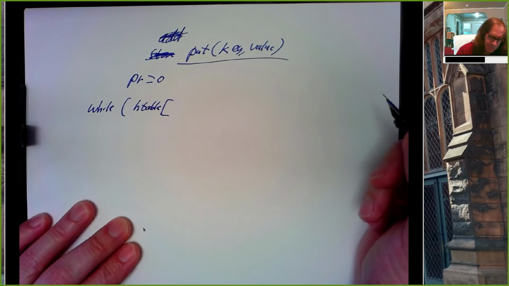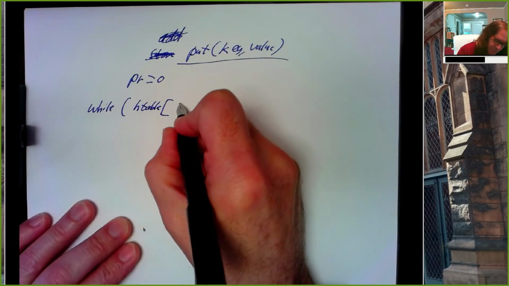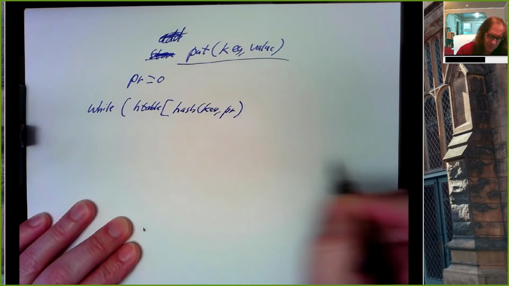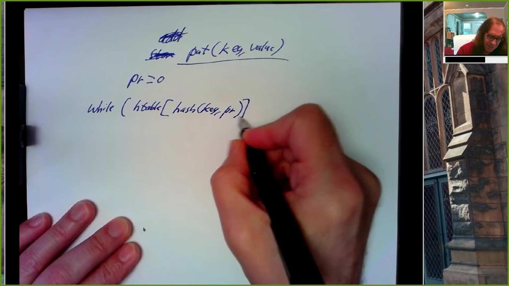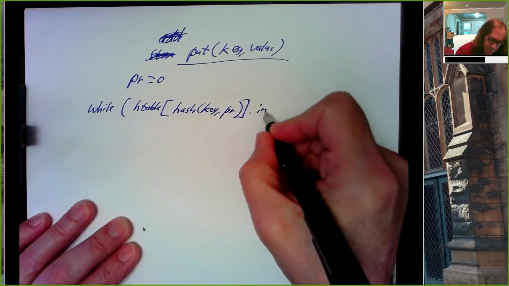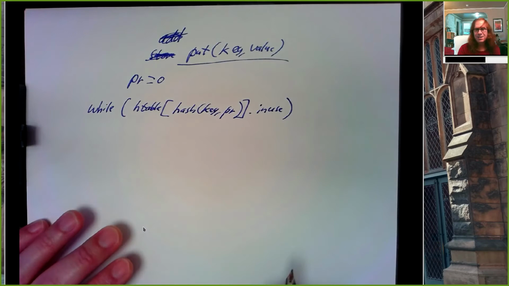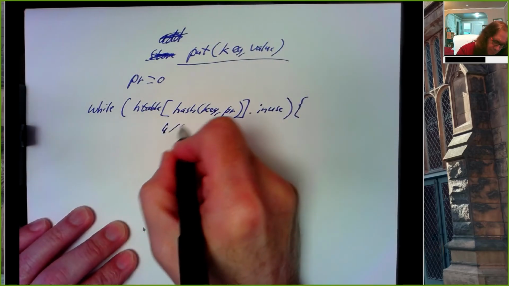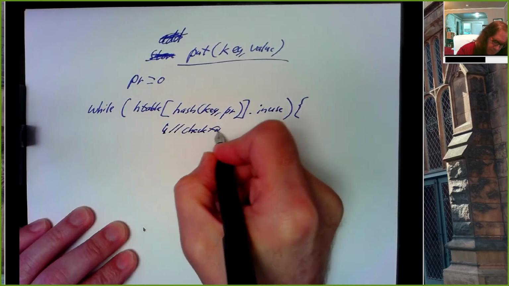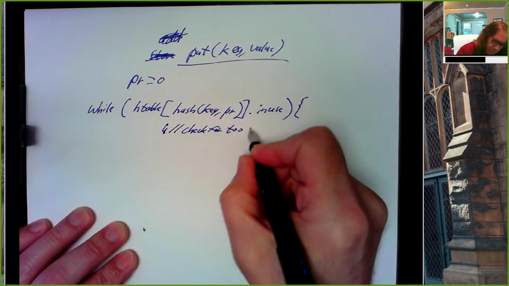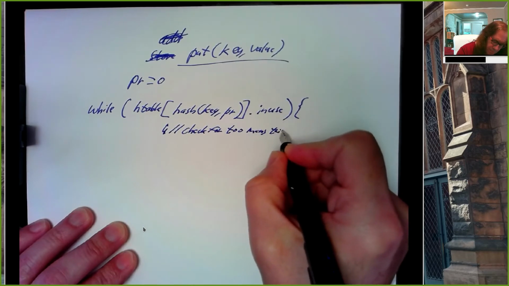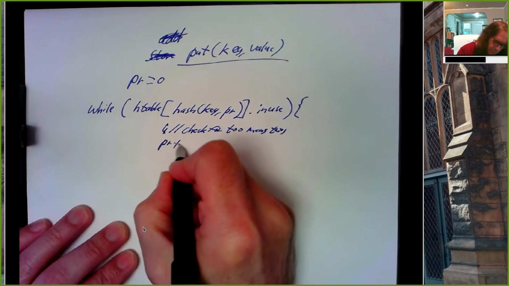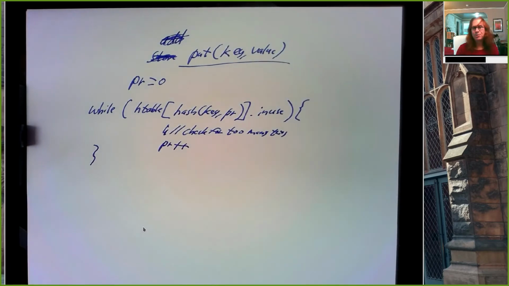So hash our key with our current probe, use that as an index into our hash table. And while that's in use, see if we've done too many tries. Otherwise, just bump up the probe and rehash.